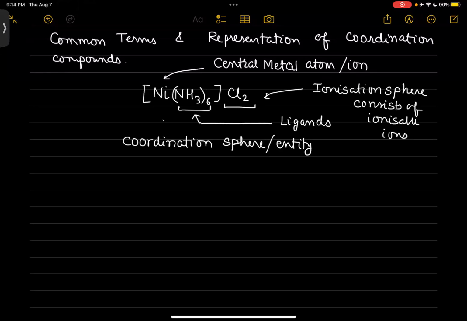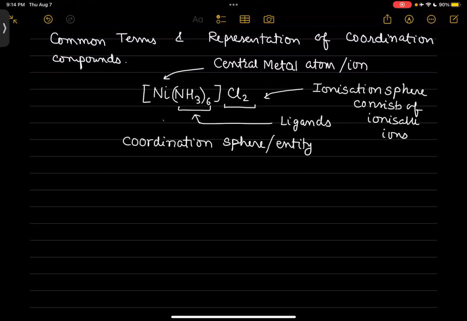So when a coordination complex is put into water, only the ionizable part present outside the square bracket gets separated out. Is it clear or not? Any doubts on the coordination sphere or ionization sphere?